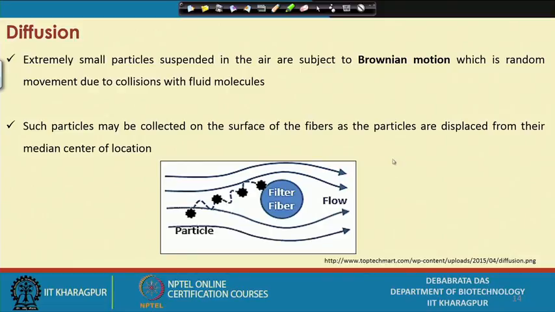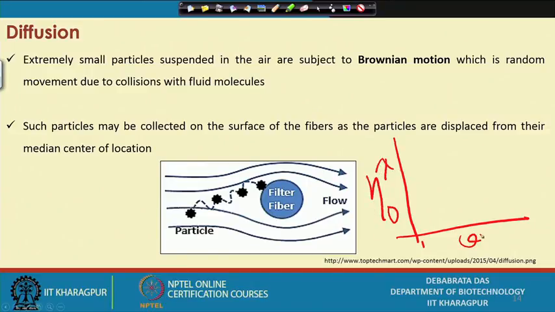Now, one thing I can tell you: if you consider the overall collection efficiency eta 0 and plot it with respect to the velocity of the air, the surface velocity of the air, we will find a plot like this. Now, what does it mean? It means that as the velocity increases, the overall efficiency decreases, then again increases.